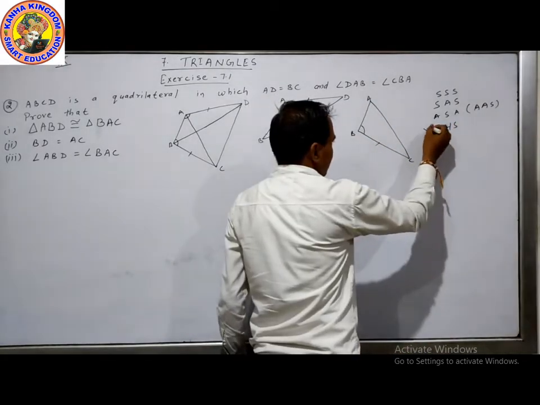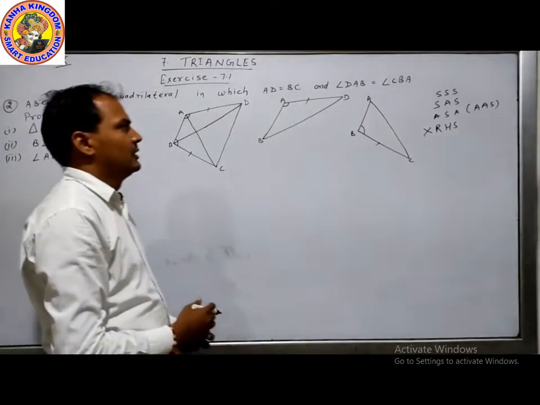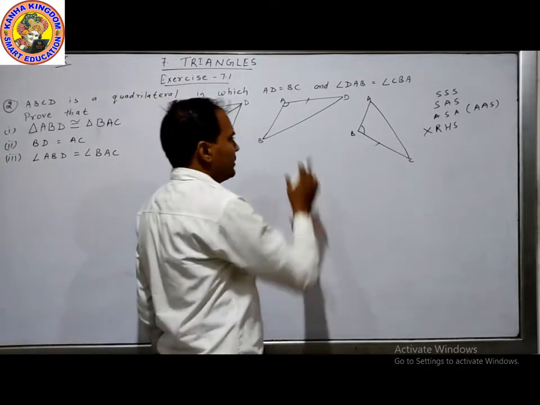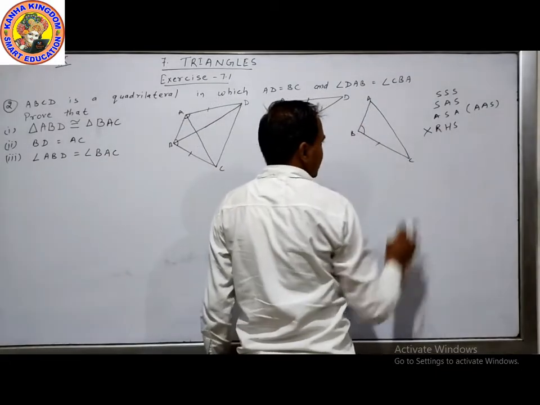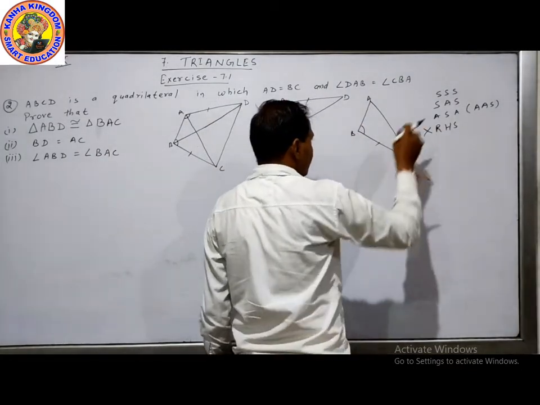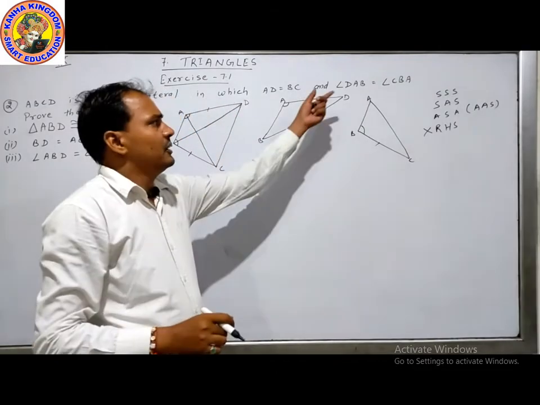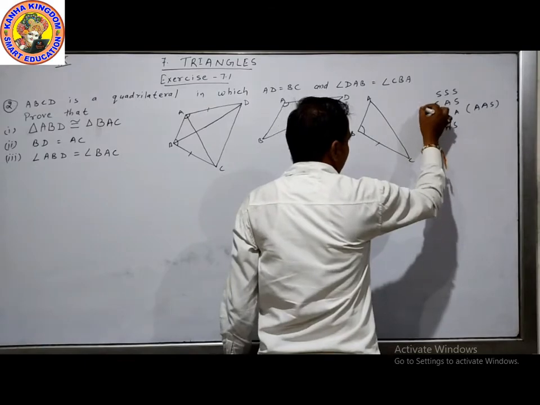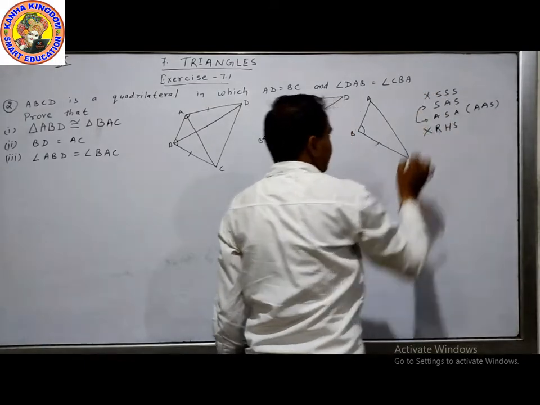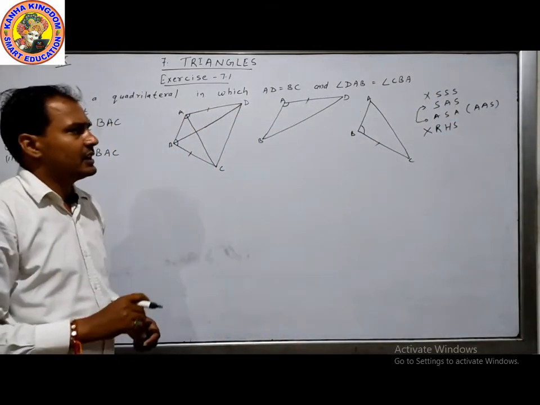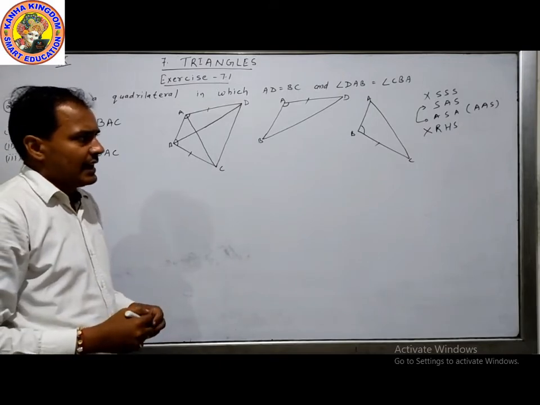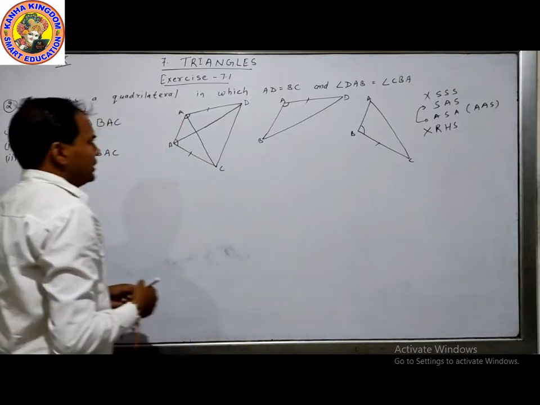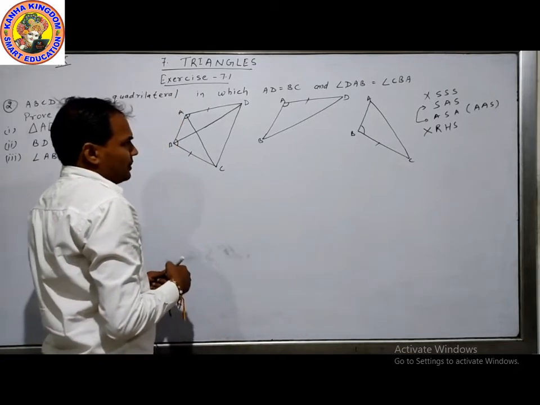There is no right angle in this diagram; no 90-degree angle is given. So the RHS rule cannot apply. SSS applies when sides are given, but here an angle is given, so we move away from the SSS rule. There are 2 rules, SAS or AAS.